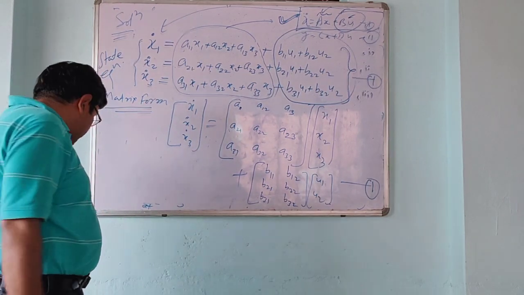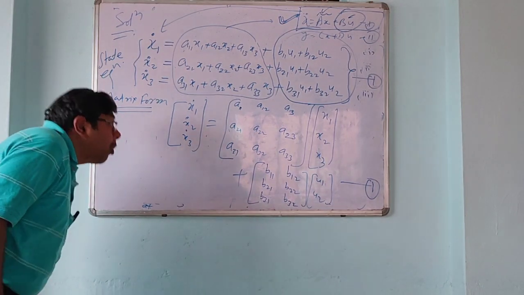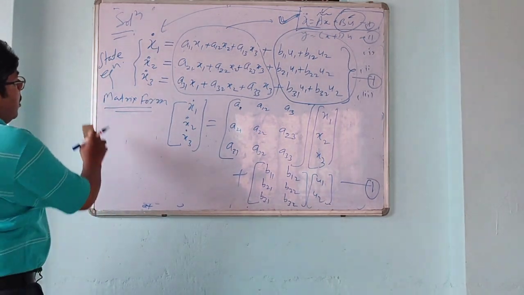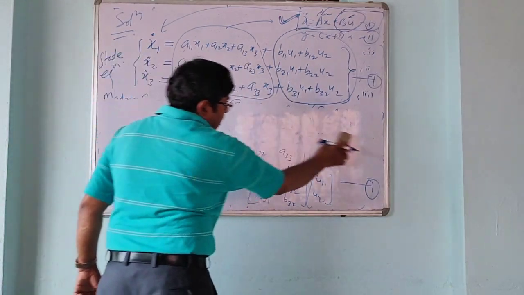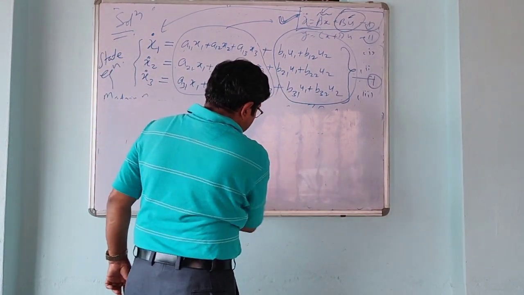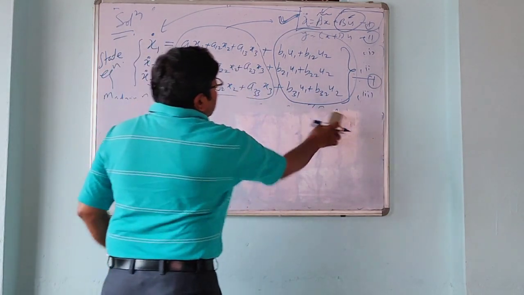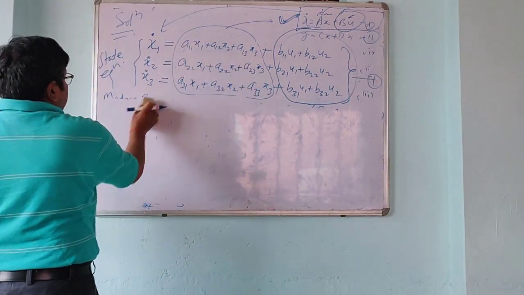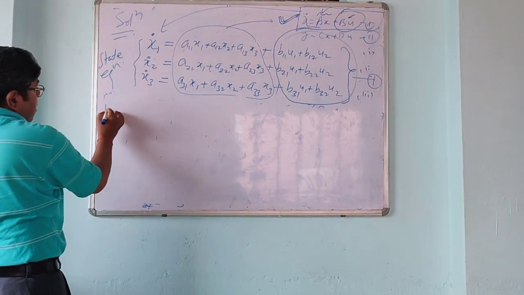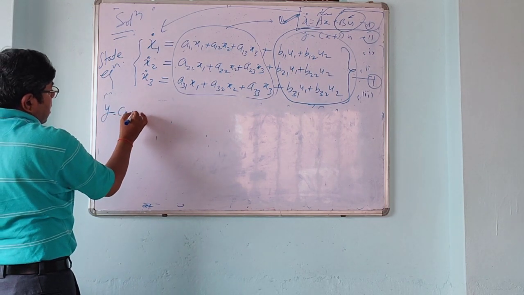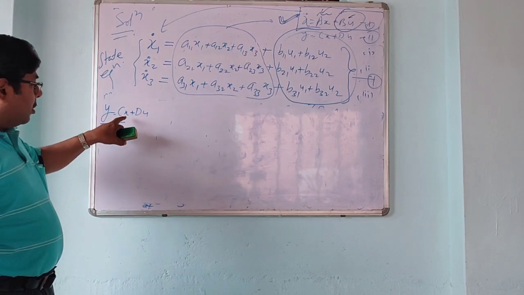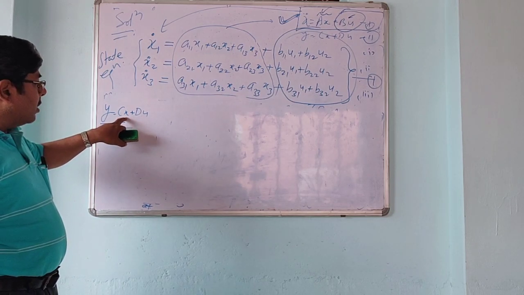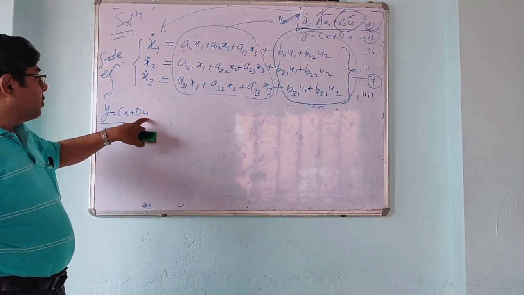So now the next part: how can we represent the output equations? So come to the second part, output equations. Output equations means this equation, y equals Cx plus Du. You have to represent the output in terms of the state variables and inputs.